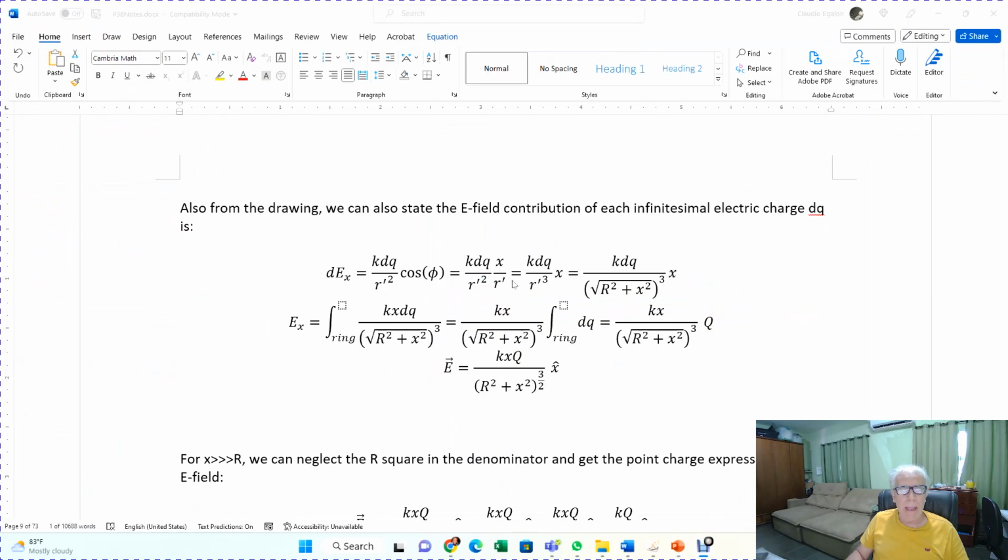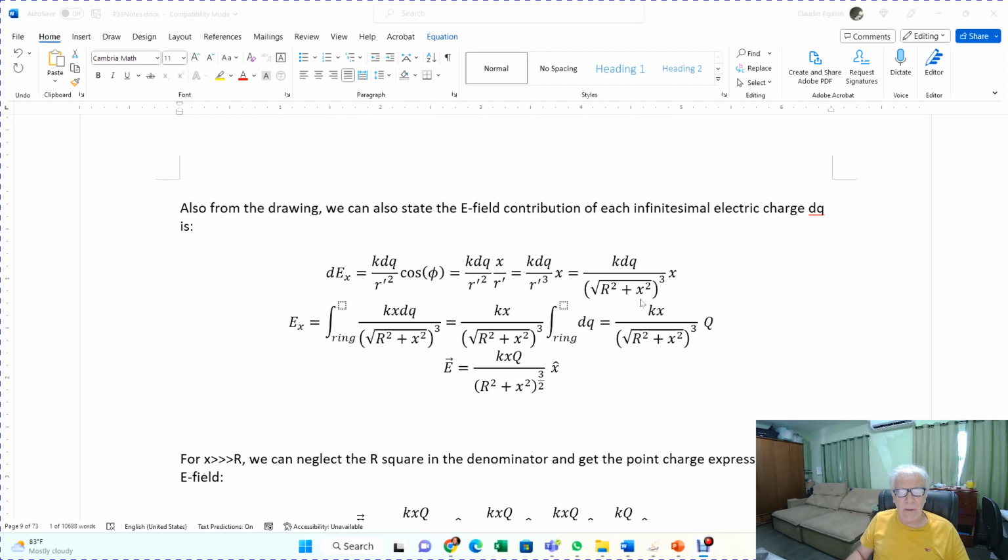And we continue solving this problem. We are going to have k dq over r prime cubed, because this r prime is combining with this r prime squared. And what do we do next? We rewrite our r prime in terms of the radius of the ring and the position along the x-axis.